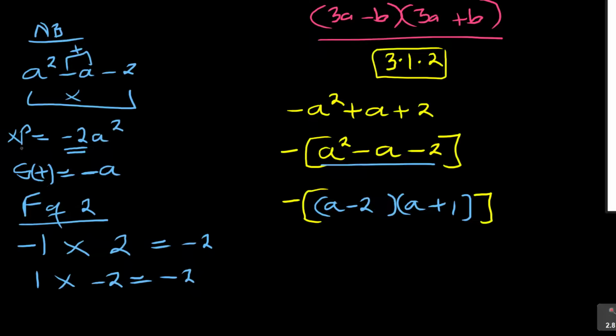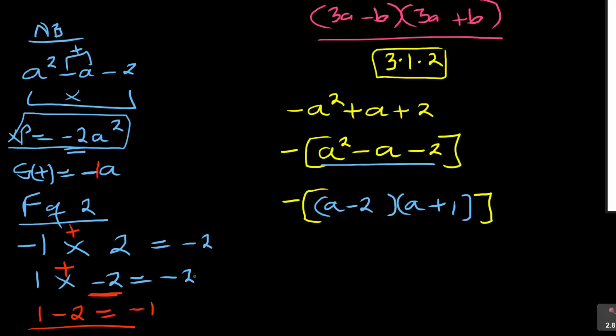So the product is covered. But when I add these 2 numbers, I need the one that will give me negative a, or negative 1. So it means 2 must be bigger. This will be 1 minus 2, which is equal to minus 1. You see? So this is the answer here.